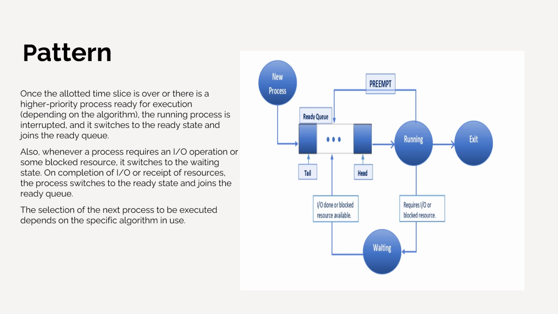Also, whenever a process requires an input-output operation or some blocked resource, it switches to the waiting state. On completion of input-output or receipt of resources, the process switches to the ready state and joins the ready queue. The selection of the next process to be executed depends on the specific algorithm in use.